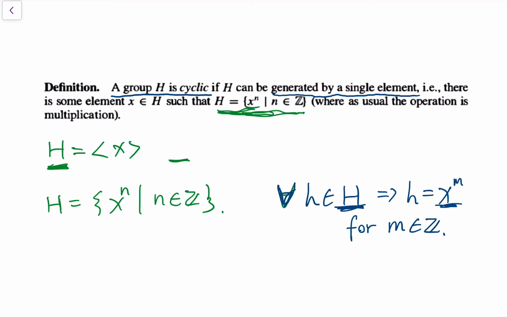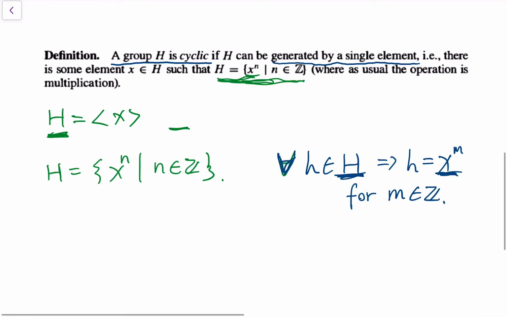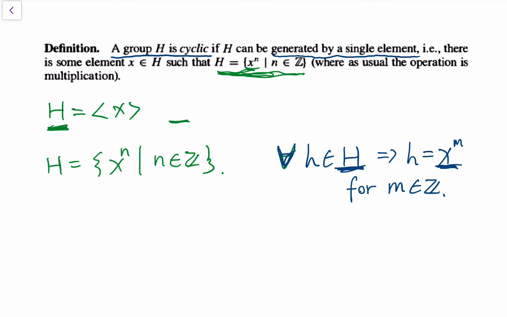So this is a very good property because it is easier for us to know the elements of this group, and it is very simple and very easy to understand. And also there are different types of cyclic groups.